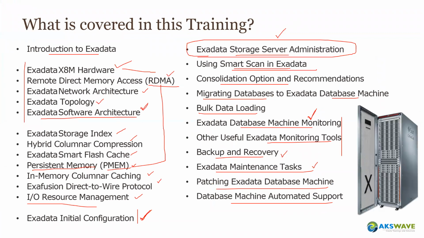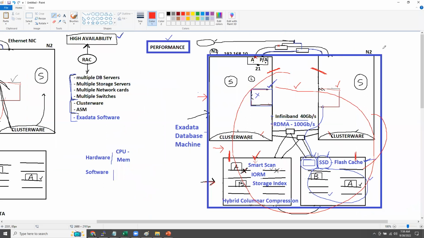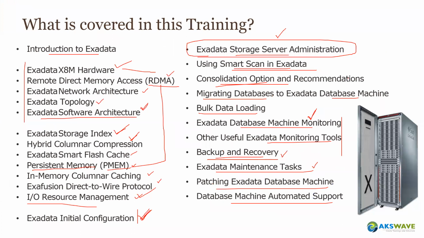But all these things like smart scan, consolidation options, backup and recovery tasks, IORM, initial configuration, hybrid compression, storage indexes, you can't do on only one storage. You require this kind of setup where you have multiple DBs and multiple storages, the complete architecture. That will help you. So that's what we are going to provide, the lab environment for doing your practice.